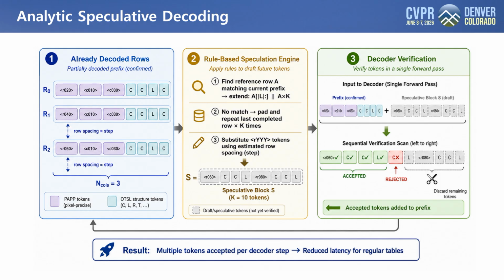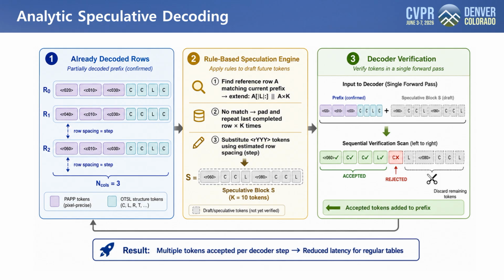By design, transformer decoders generate tokens one by one, which makes them slow. Speculative decoding is a known technique to accelerate this, but it typically requires a second, smaller draft model. We avoid that entirely, because PAP OTSL sequences are highly regular across rows. We can build token hypotheses analytically using simple rules, no extra neural network.